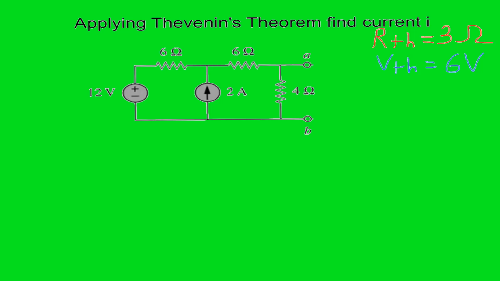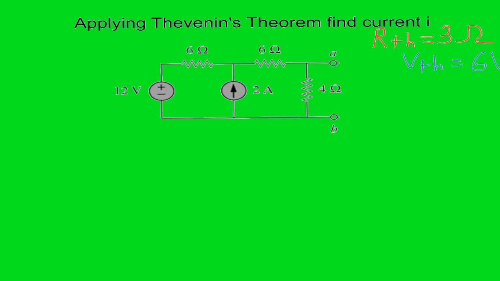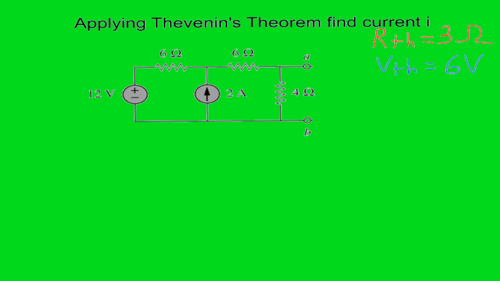So if we place the resistor back, and that resistor was exactly across A and B, so here we used to have the 1 ohm resistor, and the current I is the current flowing through that resistor.